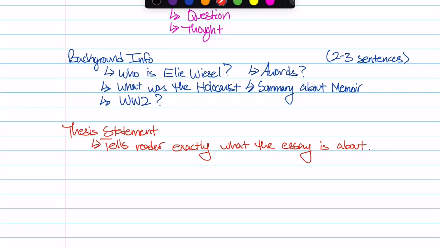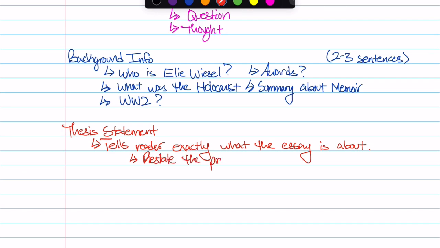Now remember, the essay prompt that you have is this: Analyze the various ways in which Nazis dehumanized the Jewish prisoners in the ghettos and the concentration camps throughout the memoir. What are the effects, long-term and or short-term, that this has on Elie? Remember, you want to restate the prompt in your thesis.